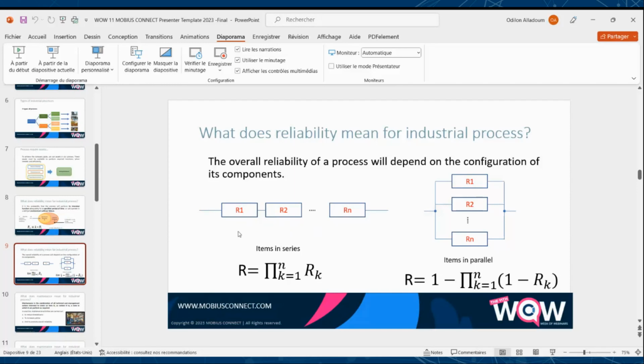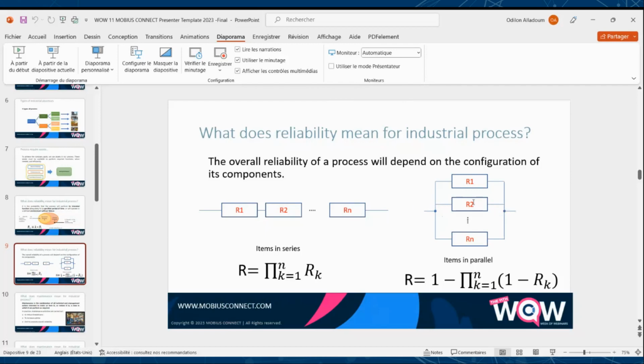This is the graphic of a series system of n components, and each component of the system is represented by a block. The system reliability is equal to the product of the reliability of the individual components. This is the formula that can help us to calculate the reliability of the whole system.